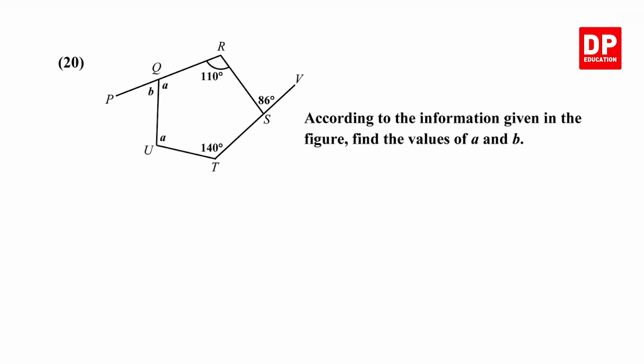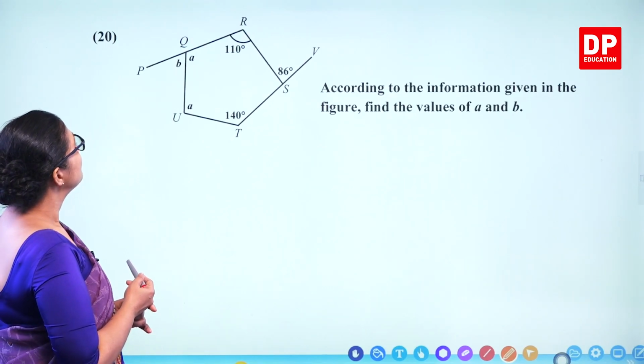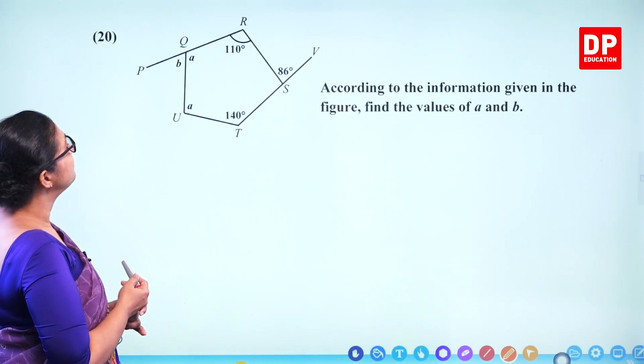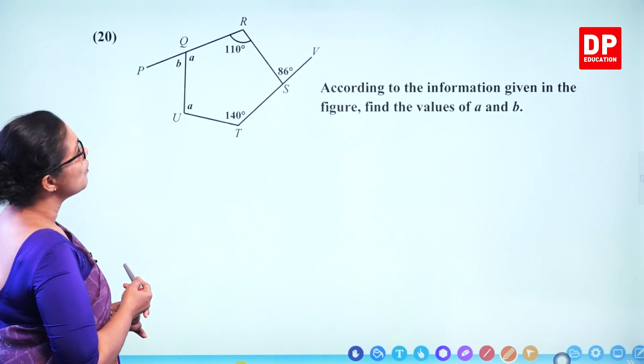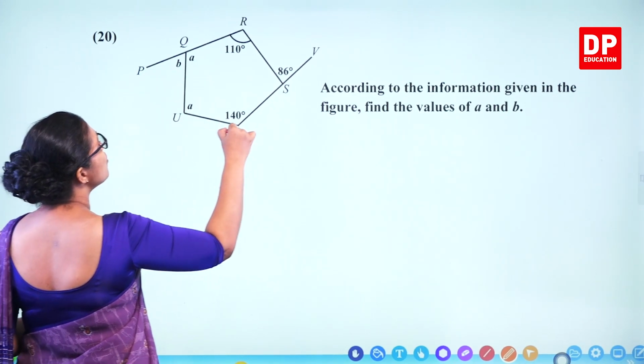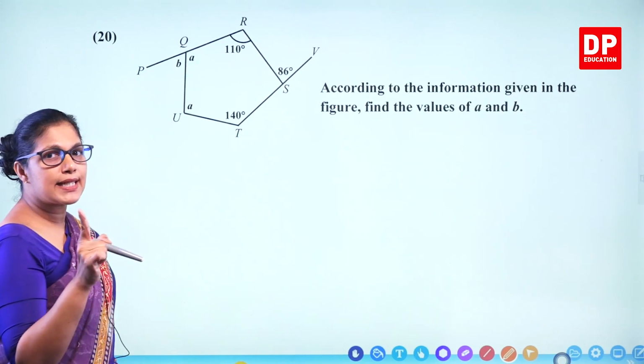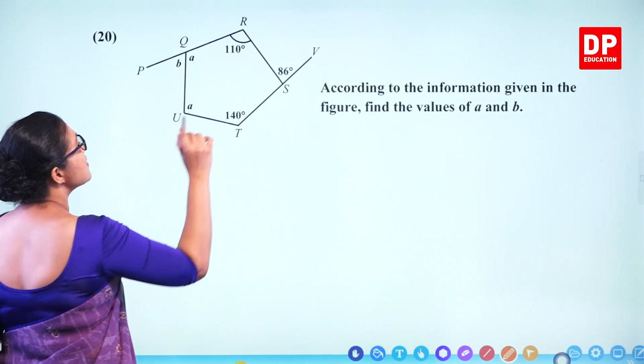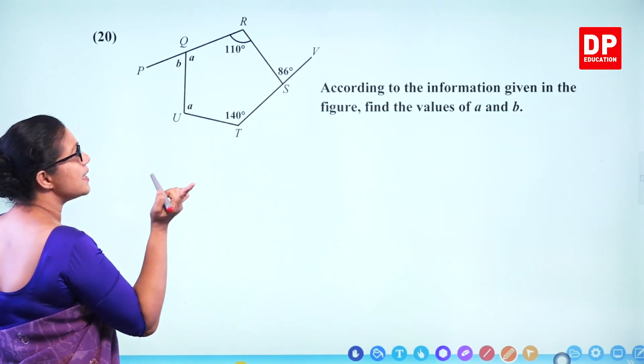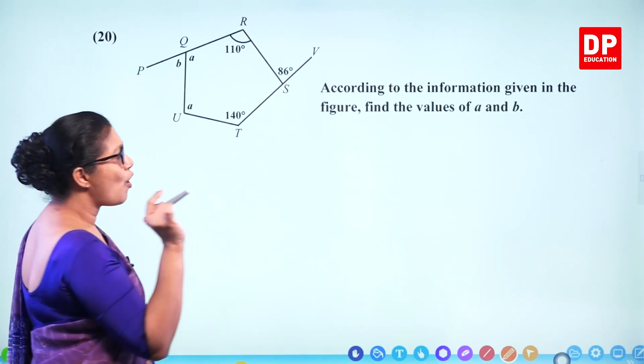Question number 20. According to the information given in the figure, find the values of A and B. How do you find A and B? What's the figure here? 1, 2, 3, 4, 5. A pentagon. We can say sum of angles of a pentagon is 540.